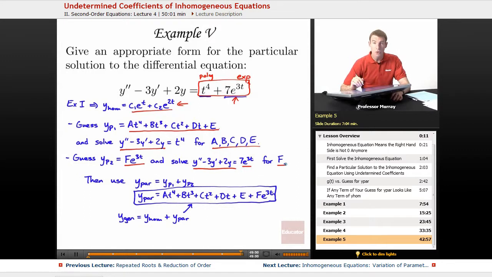And then those two particular solutions that you found, one for the polynomial part, one for the exponential part, you'd add them together and get your combined particular solution. And then you would add that on to your homogeneous solution to get your general solution. So that's the end of our lecture on undetermined coefficients.